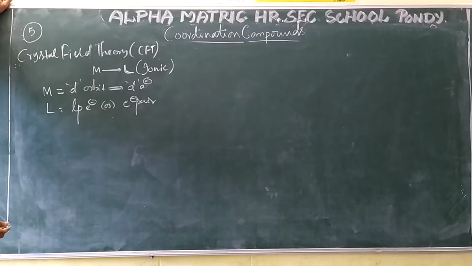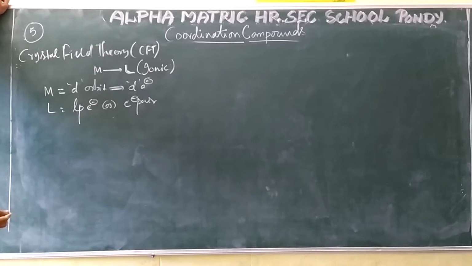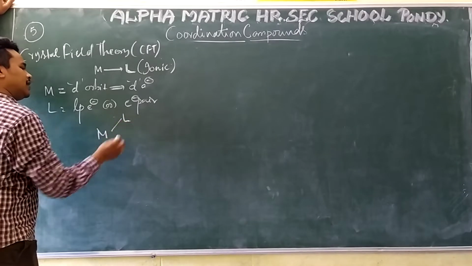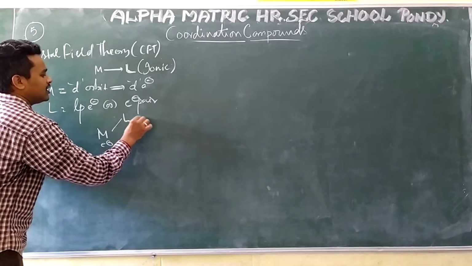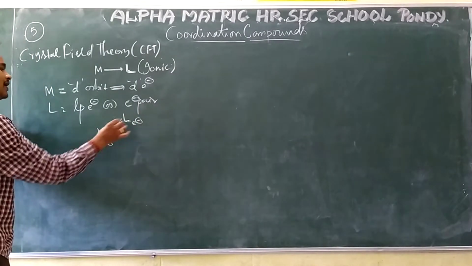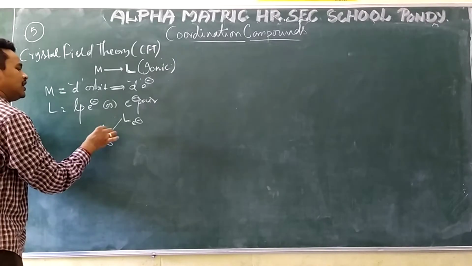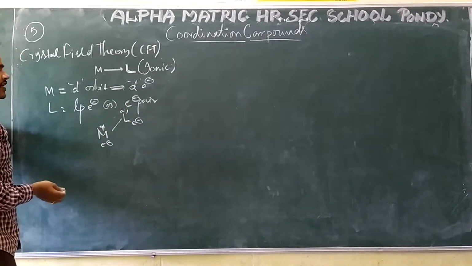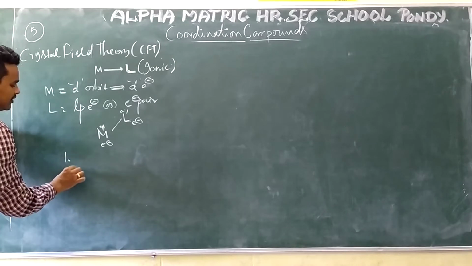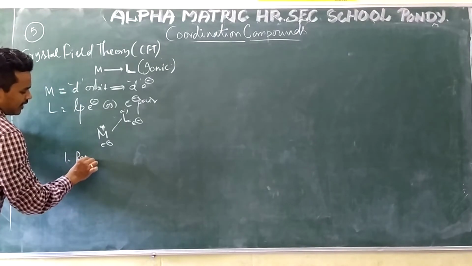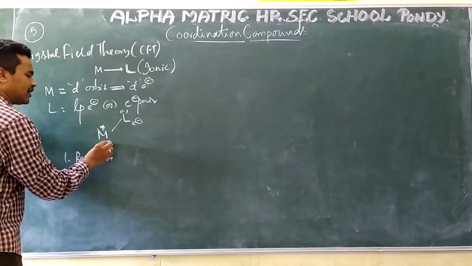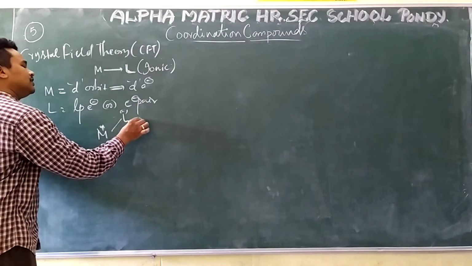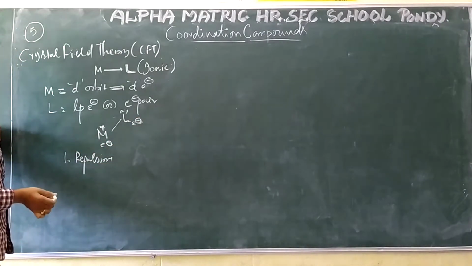Here two types of forces are there. Whenever the metal is there, ligands are approaching. Metal has electrons, ligand also has electrons. Metal has a positive charge, ligand has a negative charge. One is repulsive force, the repulsion between the electrons in the d orbital and the electrons coming towards the metal.